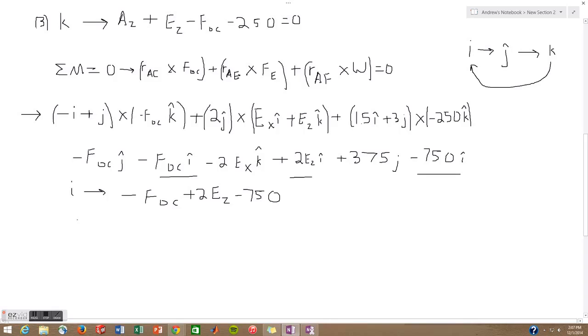Alright. Then for J, it's going to be, oh, forgot the equal sign. And for J, we're going to have the negative FDC 375. So just those two.